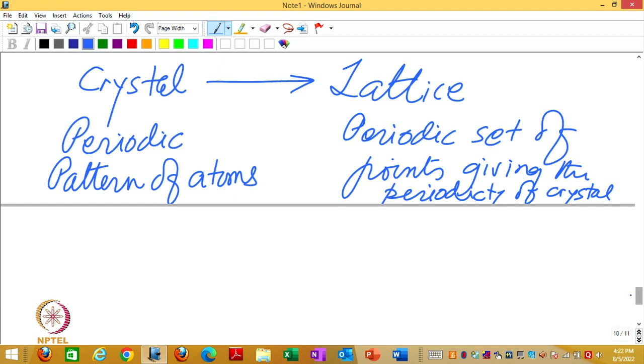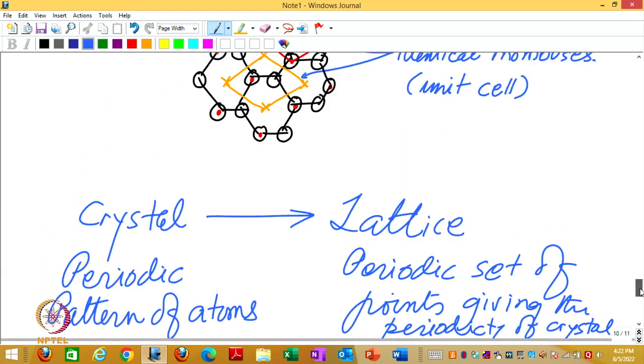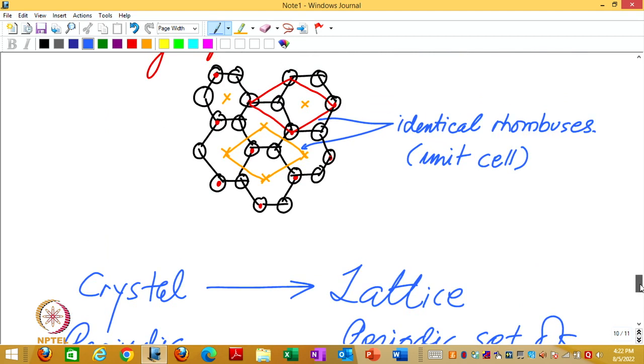Although, suppose I only give you the lattice, only the red points, and I do not say that I am talking about graphene, I do not tell you that you are repeating carbon atoms and I do not tell you that you are repeating 2 carbon atoms, will you be able to get the structure?